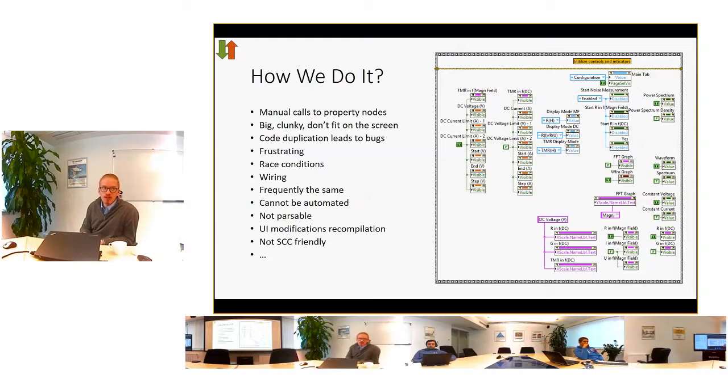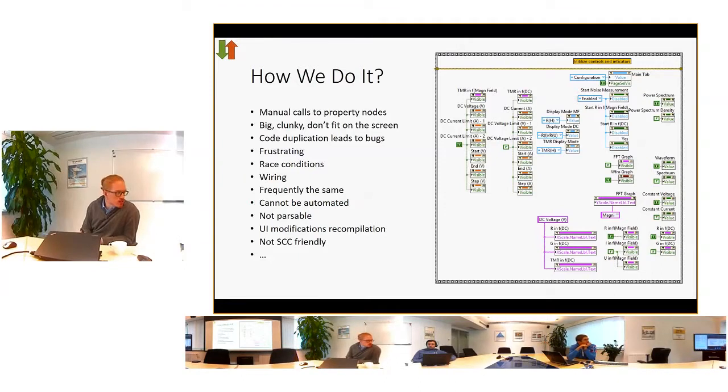And imagine that you have to do all of this for multiple of these states that you have, for multiple of these controls. So it's manual calls, it's big, clunky, it doesn't fit on the screen. And you do a lot of code duplication, which leads to bugs. It's frustrating. You can introduce race conditions very easily. There is a lot of wiring.